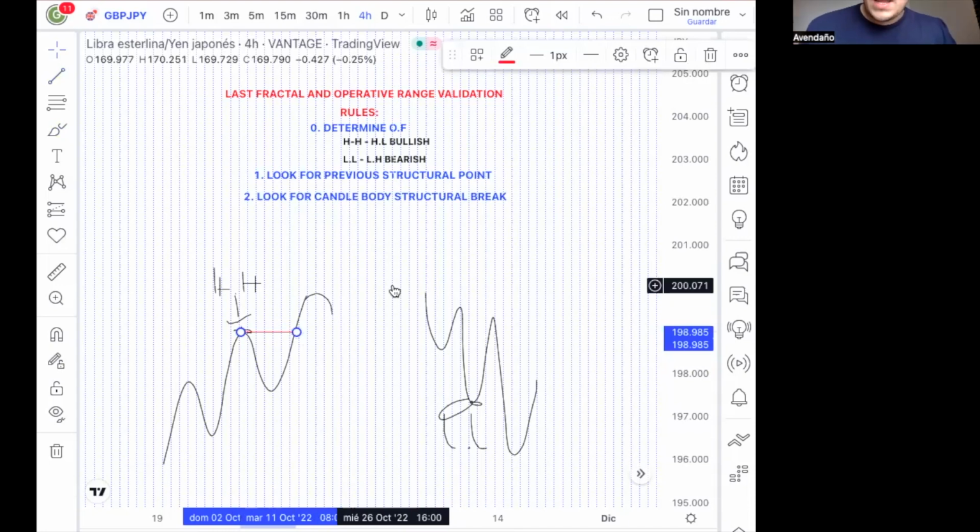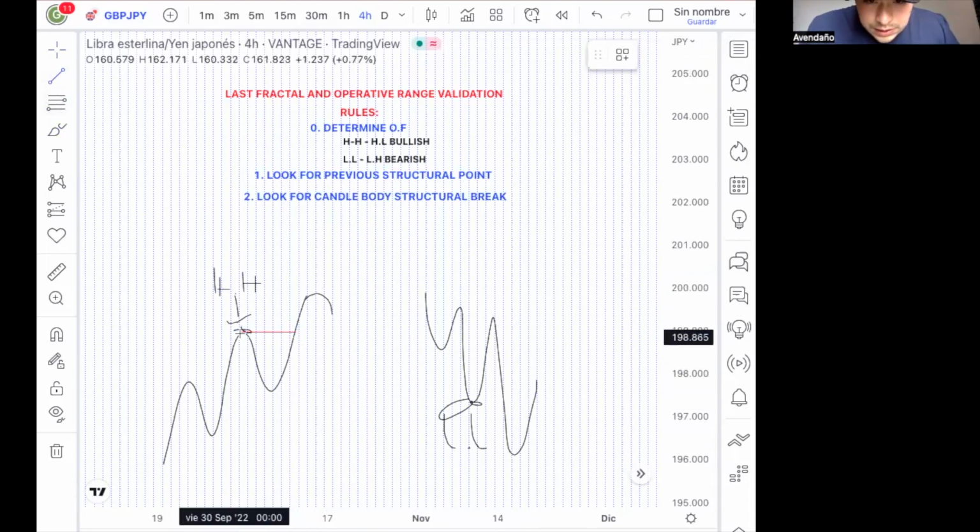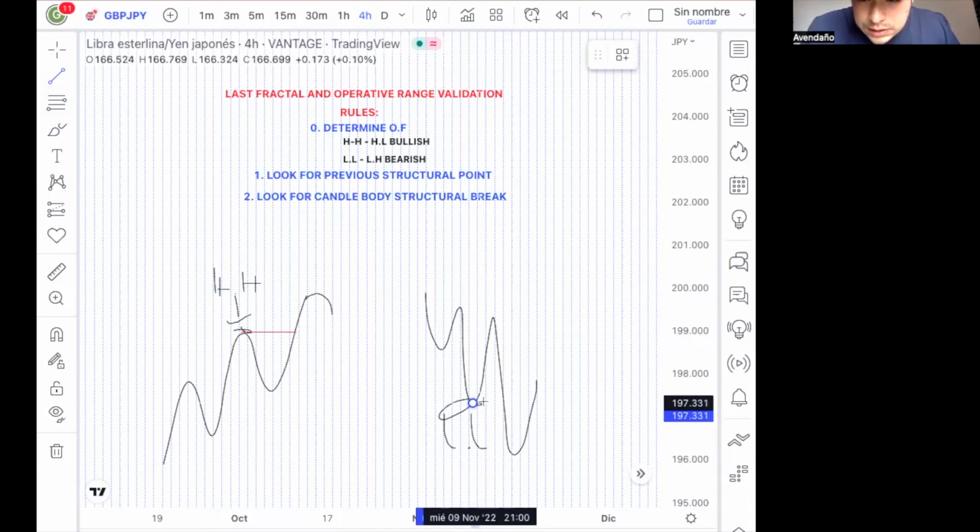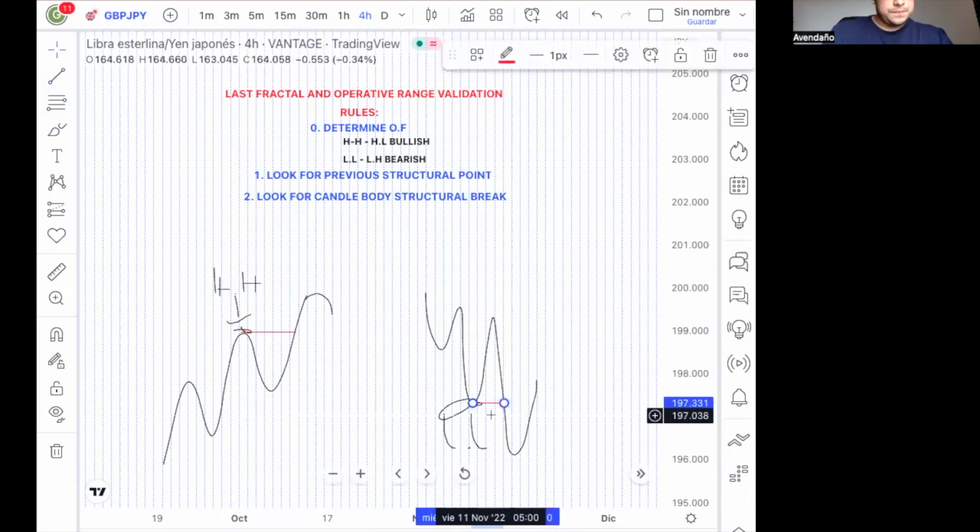If it breaks with a candle wick, it might not be valid. It may be valid if it breaks with a candle body. In this case, this might be our structural break with a candle body. Perfect. So that is rule number 2.